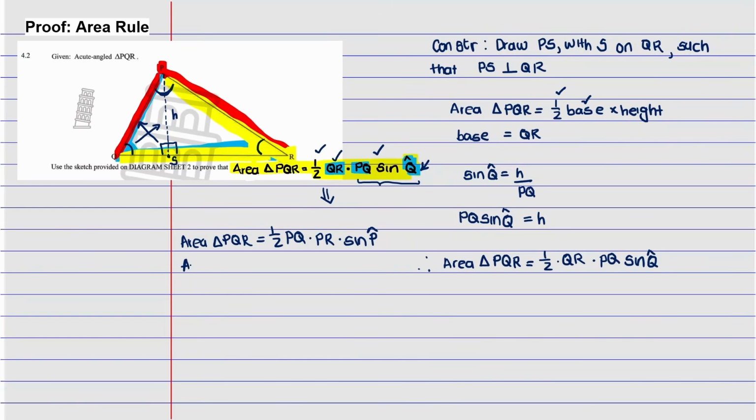So the area of PQR is equal to 1 over 2, two sides, which are PR multiplied by RQ, then sine R. So that's how you would find it.